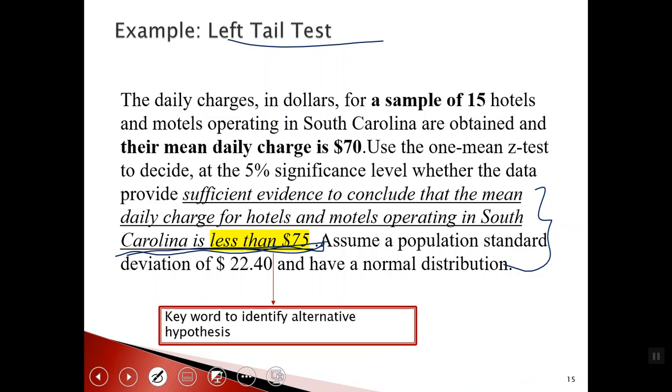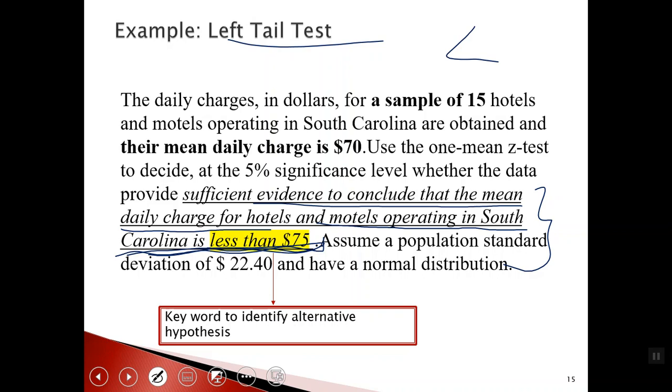You need to find sufficient evidence to conclude that the mean daily charge for hotels and motels operating in South Carolina is less than $75. So less than means left tail. Do you remember that? Less than, left tail.